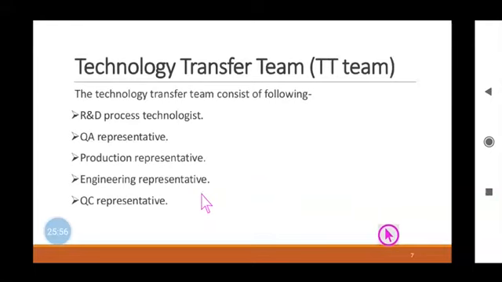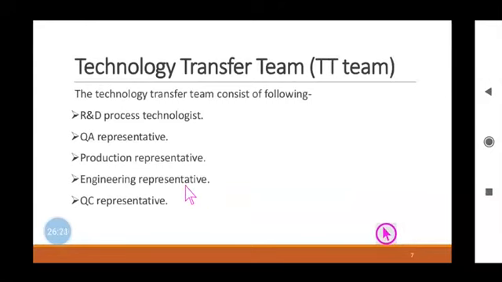The engineering representative is also required. The engineering representative has the role to select the equipment while erecting the plant or while designing the process.